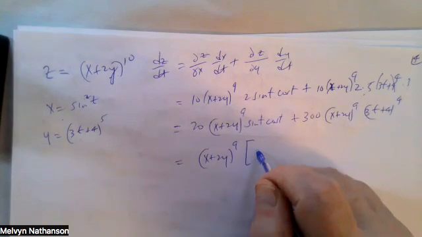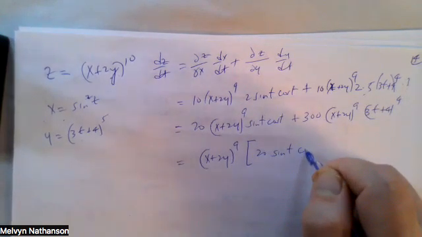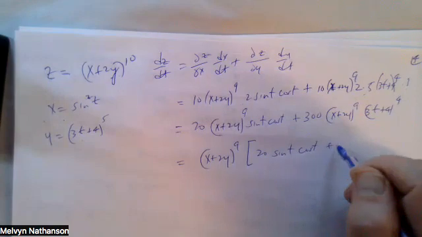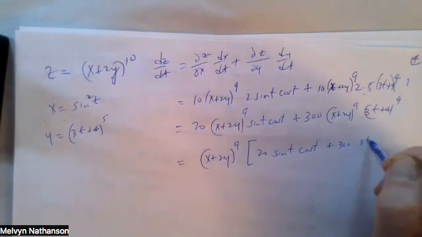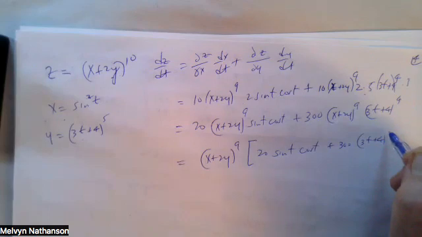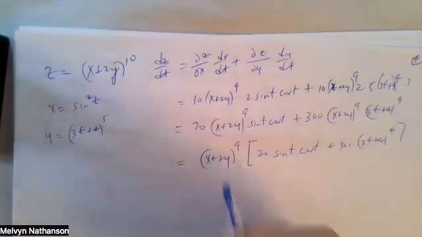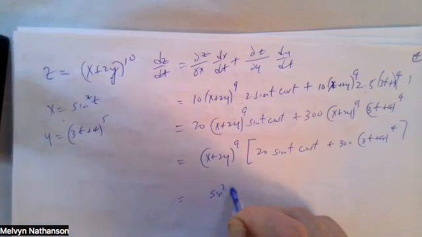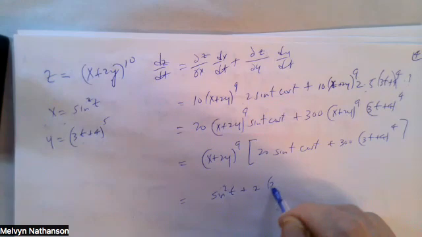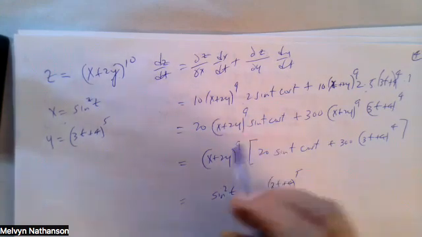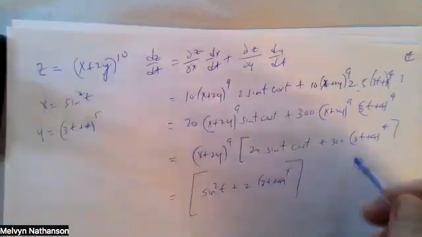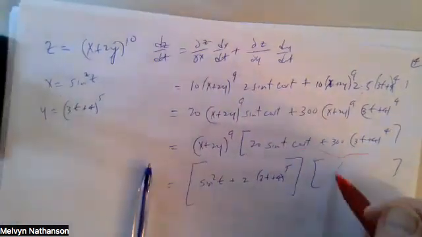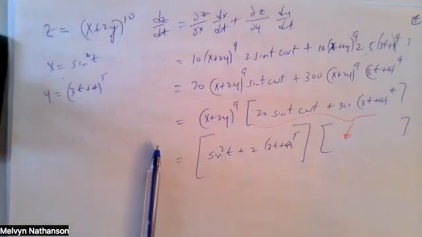I get 20 sine t cosine t plus 300 (3t plus 4) to the 4th. And then I can put in what x and y are in terms of t. This is (sine squared t plus 2(3t plus 4) to the 5th) to the 9th times this expression. So now everything is a function of t.